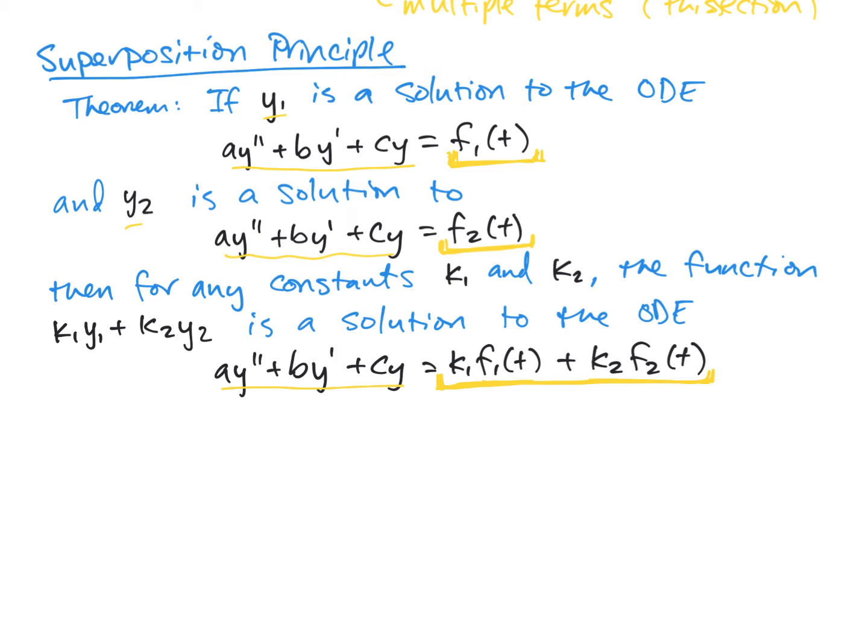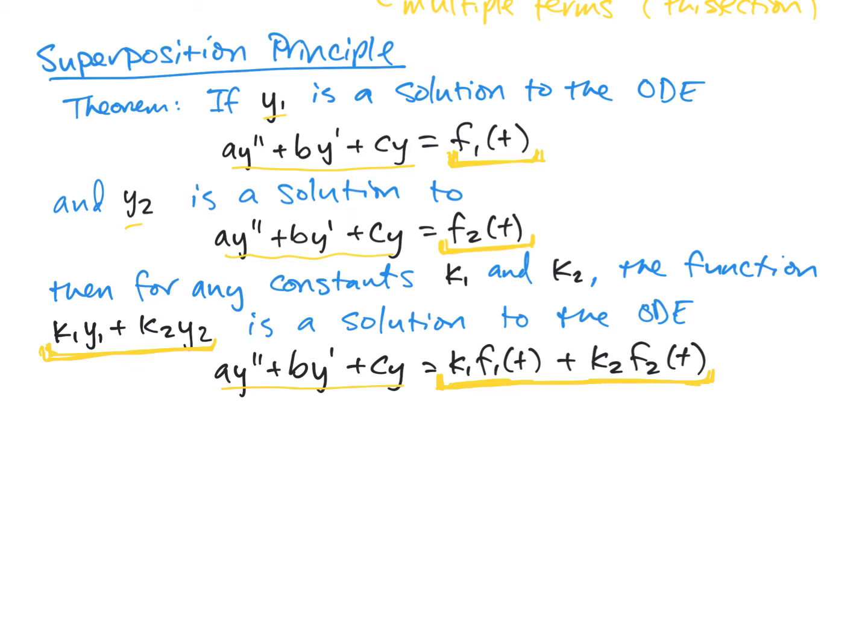And all you do is take the same linear combination of the known solutions, okay? So if you change your right-hand side to k1 f1 plus k2 f2, then your solution to that is going to be k1 y1 plus k2 y2, okay?